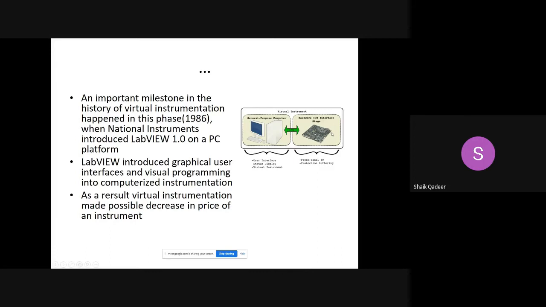If you want to measure pressure, connect a pressure sensor to this hardware. Only the physical sensor needs to change, which is not very difficult. That's the reason we can say that virtual instrumentation implementation is economical compared to physical instrumentation.